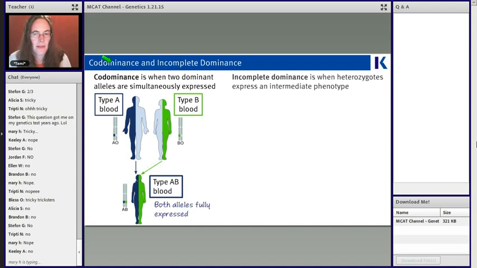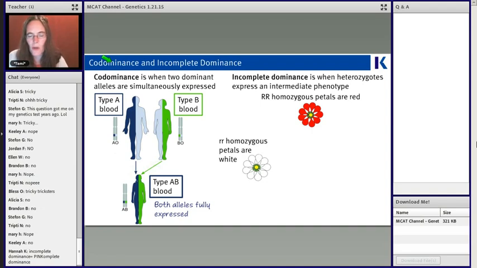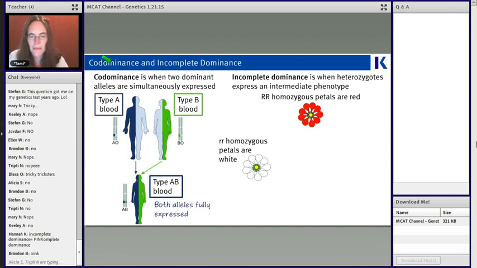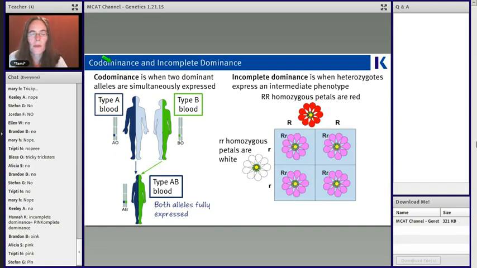Incomplete dominance is where the heterozygotes express a halfway in between phenotype. The common one for this is Mendel's pea plants. He crossed a homozygous red with a homozygous white. What color flowers did he get? Yes, he got those beautiful pink flowers.